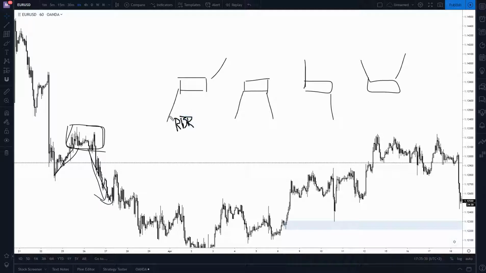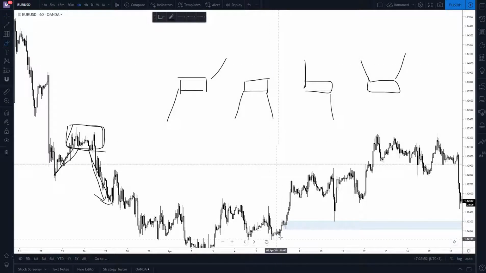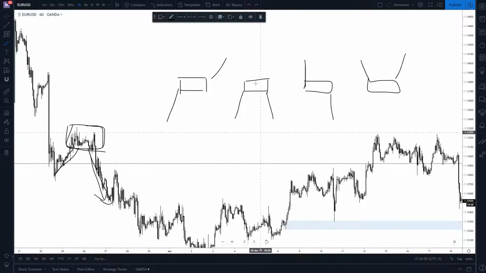Price rallied into this level, then we made a base, this small consolidation, we paused, and then we made the next rally. So this is your rally base rally.